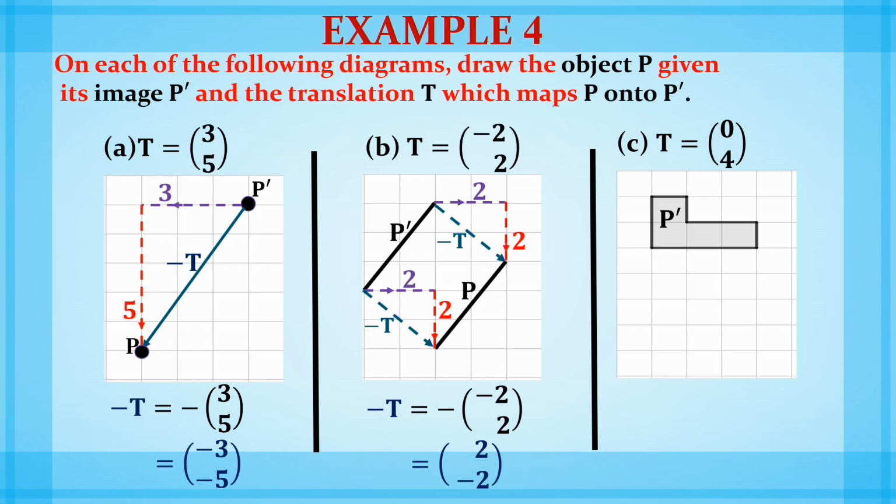In part C, the vector negative T has components 0 and negative 4. Now, this translation negative T moves the vertices of the shape P dash 4 units downwards as shown on the grid.